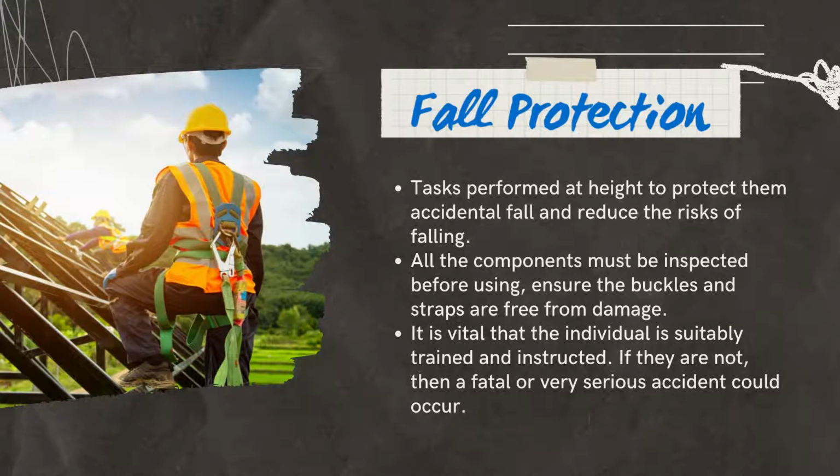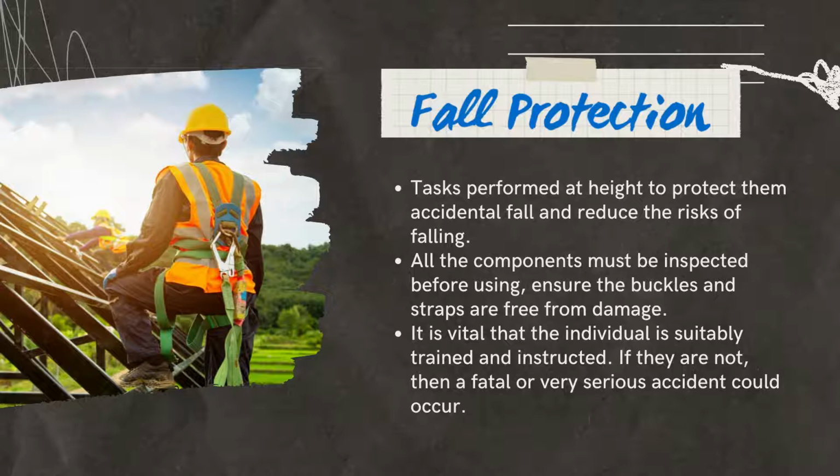Next, we have the fall protection. Fall protection is for tasks performed at height, to protect them from accidentally falling and reduce the risk of falling. All the components must be inspected before using. Ensure the buckles and straps are free from damage.